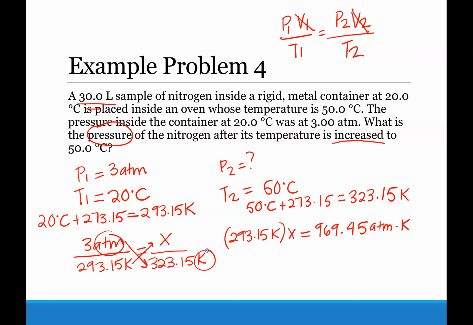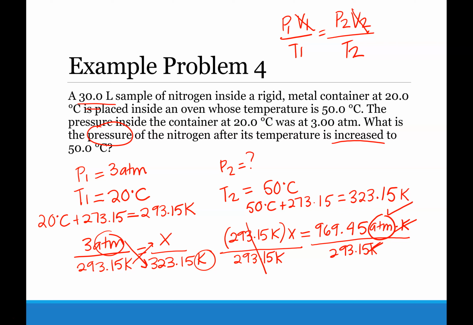They didn't cancel. So at this point, to isolate X, you would divide by 293.15 Kelvin, divided by 293.15 Kelvin. And so here you can see where Kelvin cancels and you're left in atm, which is appropriate for pressure.